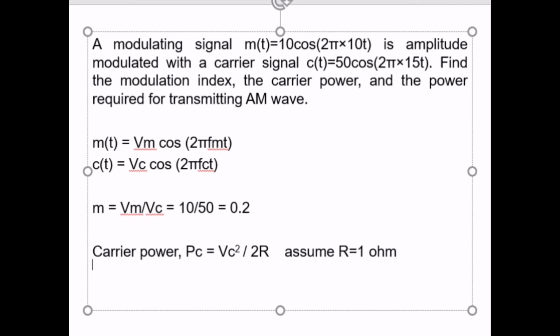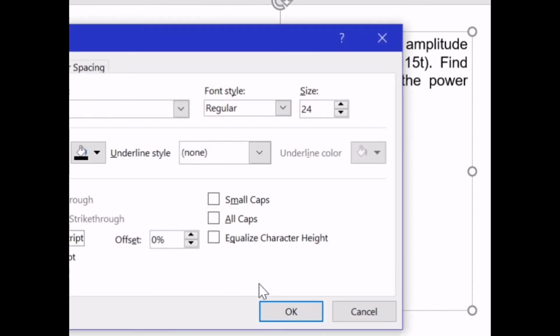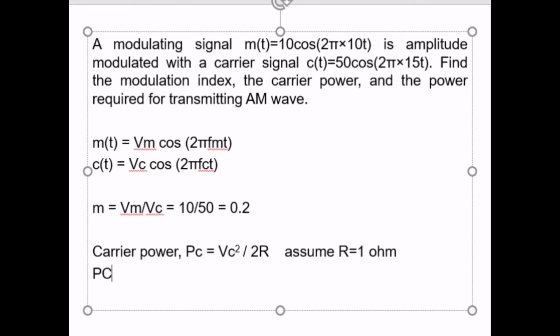So with this we know that Pc is equal to 50 square divided by 2 times 1 ohm. So you will get 1250 watt.